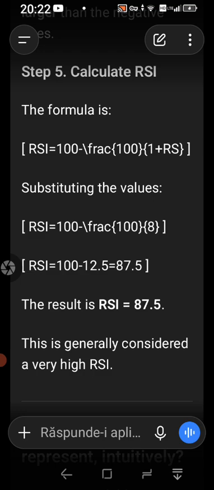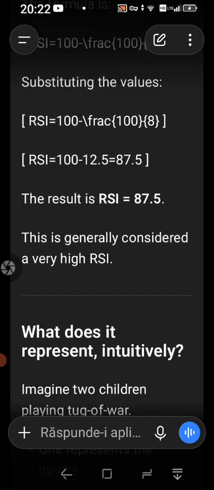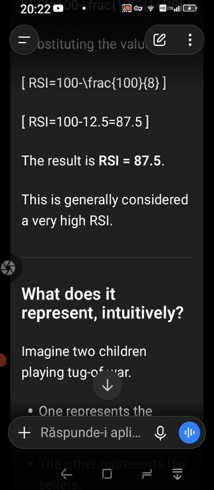Substituting the values, RSI equals 100 minus 100 divided by 8, which is finally 87.5, which indeed means that we are oversold. This is generally considered a very high RSI. It's considered, but nobody knows how much money the world has in its wallets when it's really oversold.